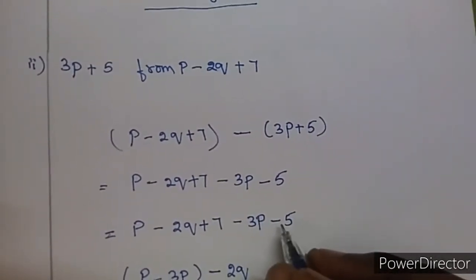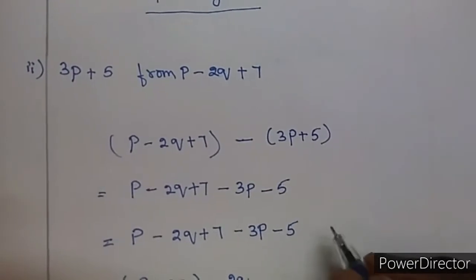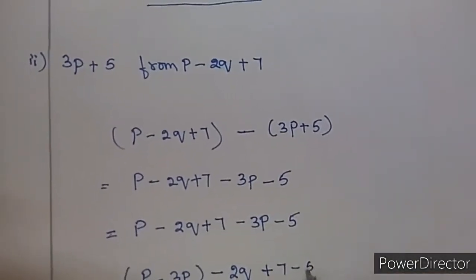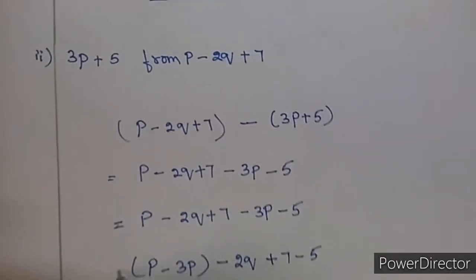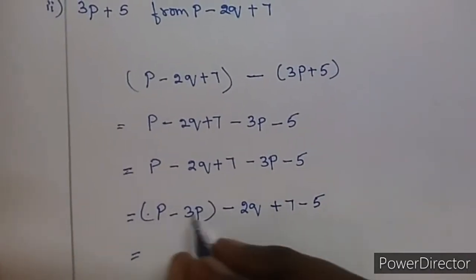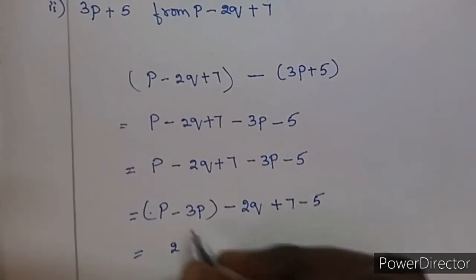Here in the expression, any other terms? No. Only the constant numbers are the same. So arrange that: plus 7 minus 5. Here plus into minus, minus. So 3 minus 1, 2P.